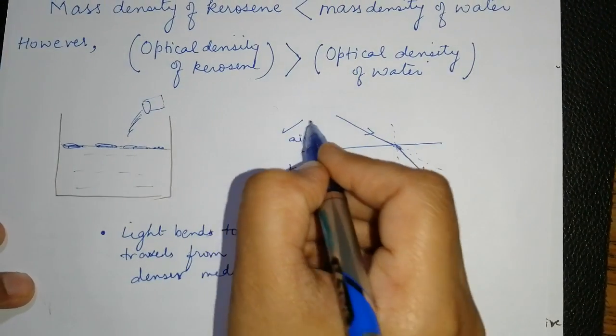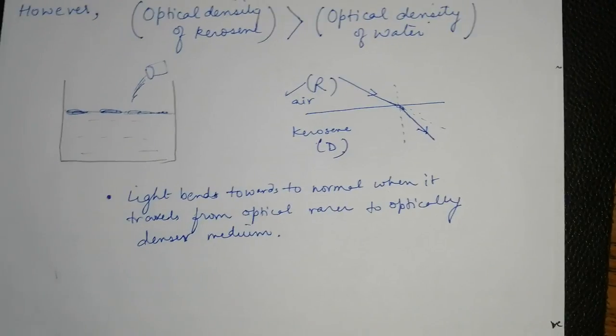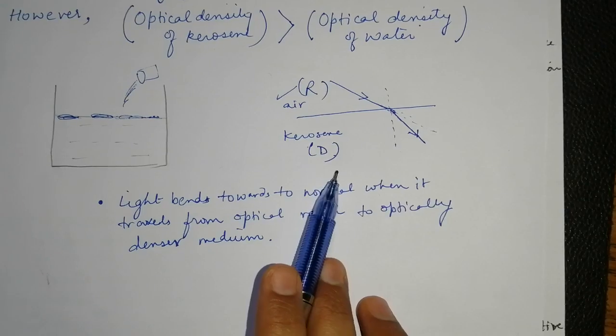So here air is rarer and kerosene is denser. So this is the answer to my second question.